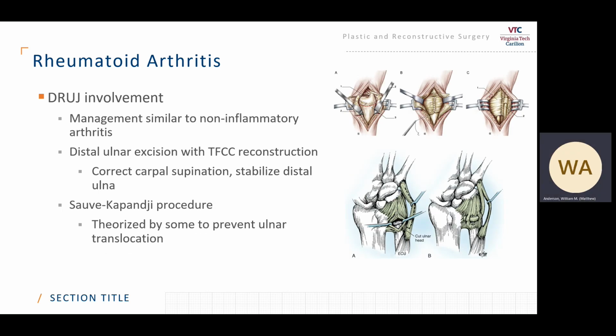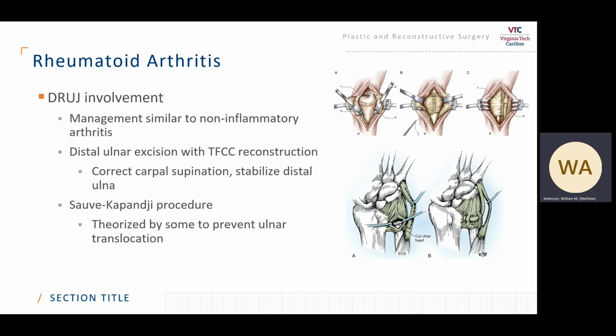So DRUJ involvement in RA, the management is similar to non-inflammatory arthritis that we just discussed. Distal ulnar excision, particularly with DRUJ reconstruction and TFCC, either preservation or reconstruction. This is important because it allows correction of the carpal supination and stabilizes the distal ulna. The Sauvé-Kapandji procedure.